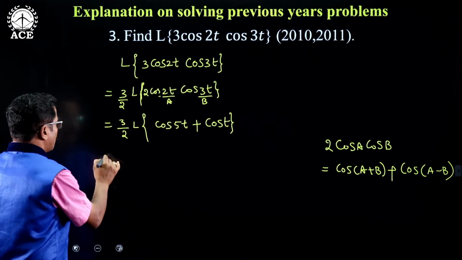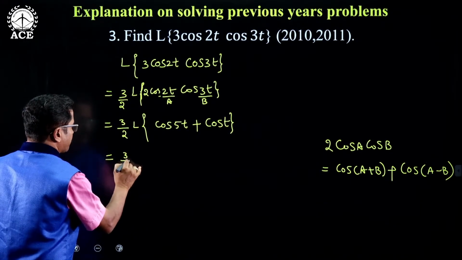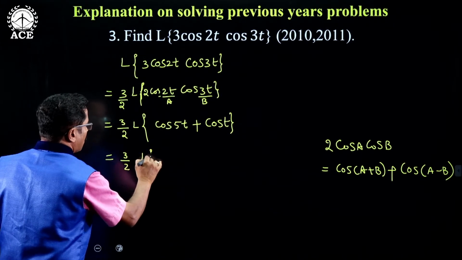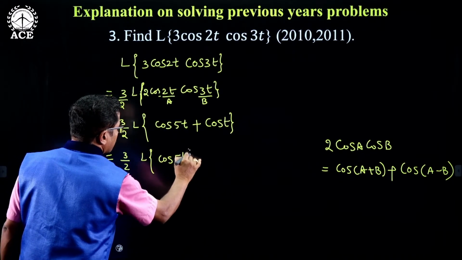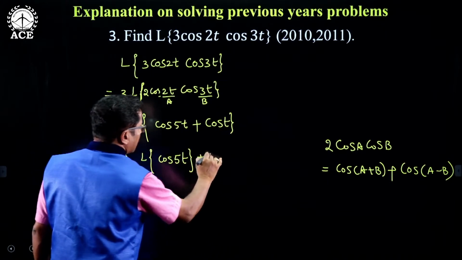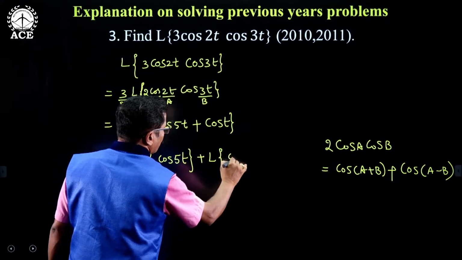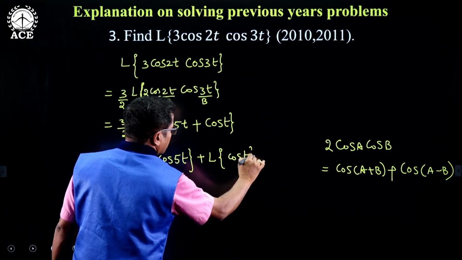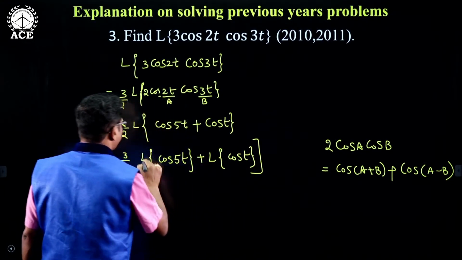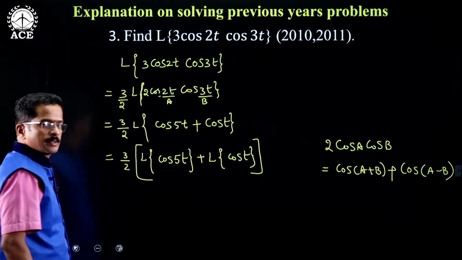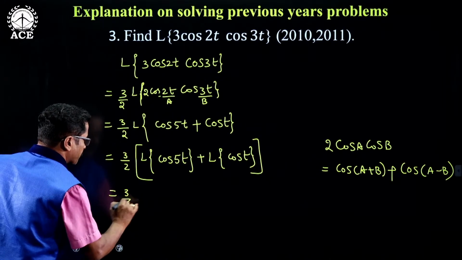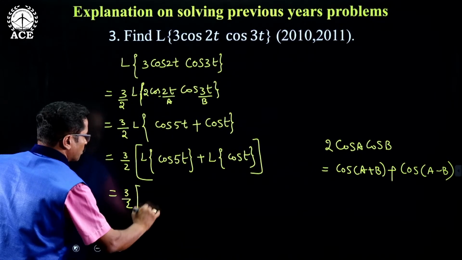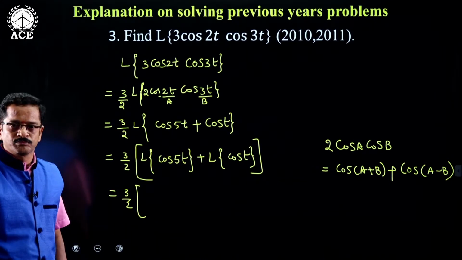Now you take linearity, as per the linearity property, you write L of cos 5t plus L of cos 1t. So which is equals to 3 by 2 into L of cos 5t.